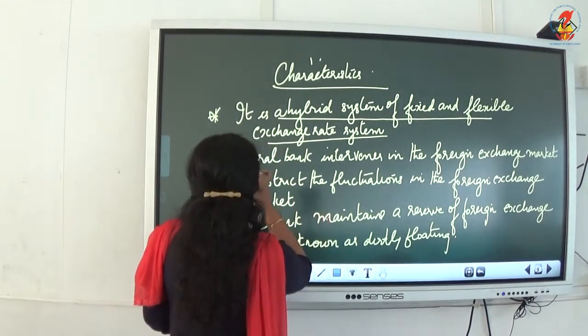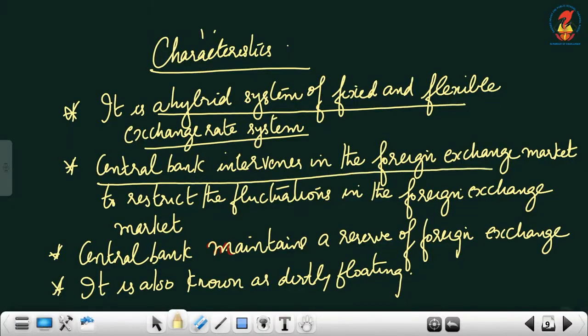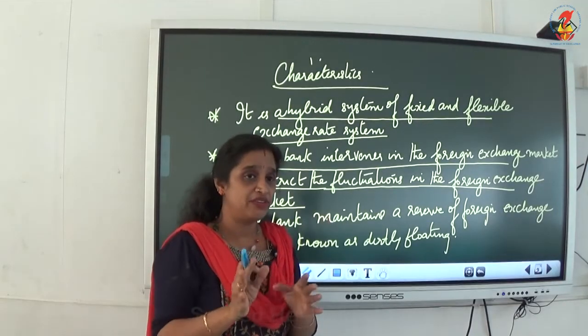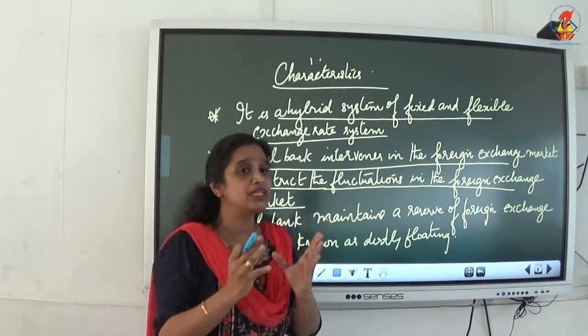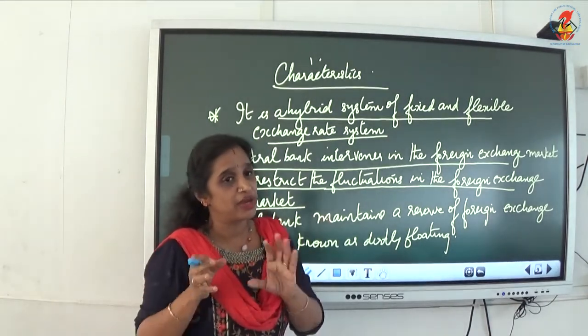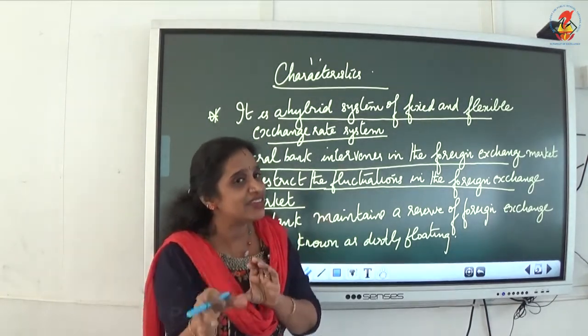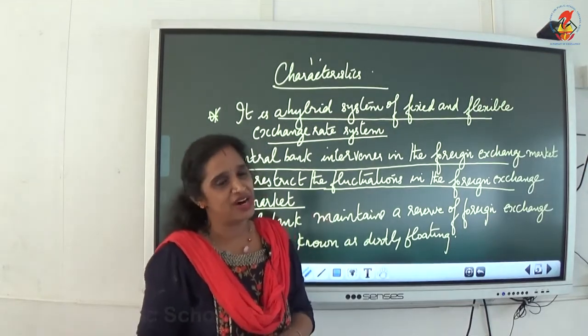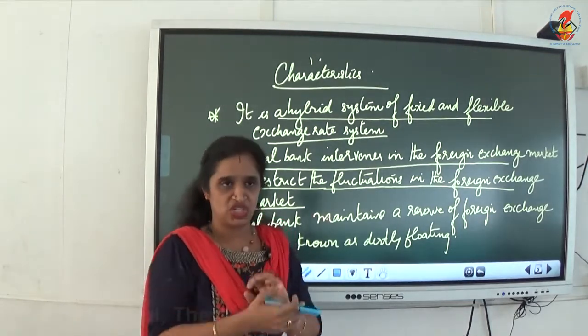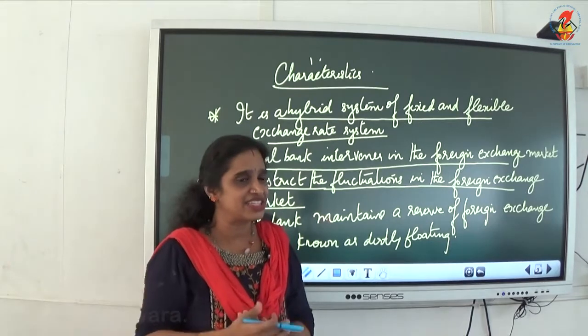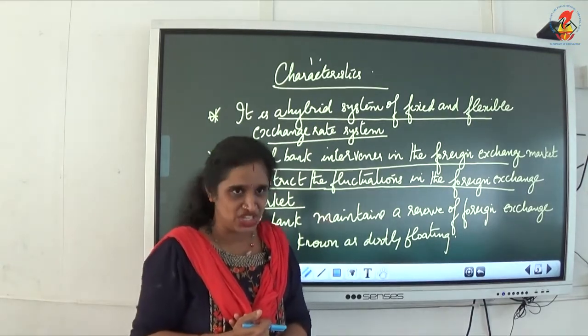Now we will move on to the second characteristic. The central bank will intervene in the foreign exchange market to restrict the fluctuations in it. So here the central bank will intervene even though the forces of demand and supply are working. The central bank of the country will intervene in the foreign exchange market to influence the exchange rate through purchase and sale of foreign exchange.